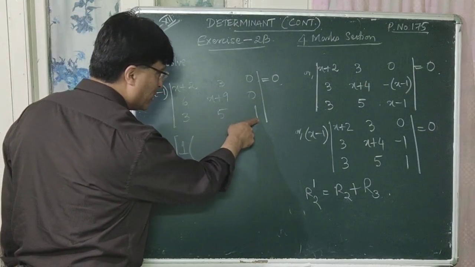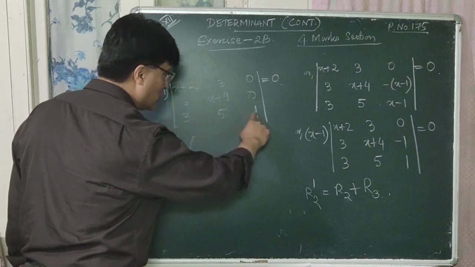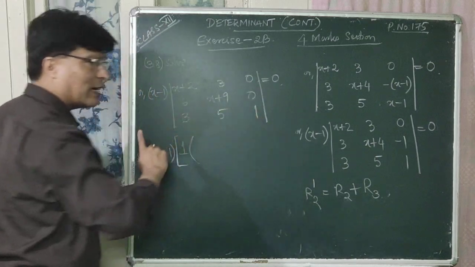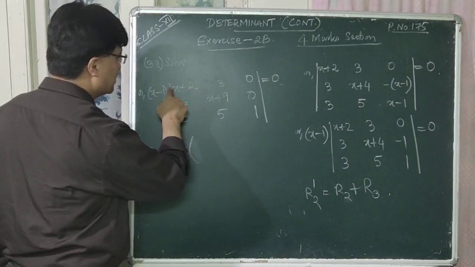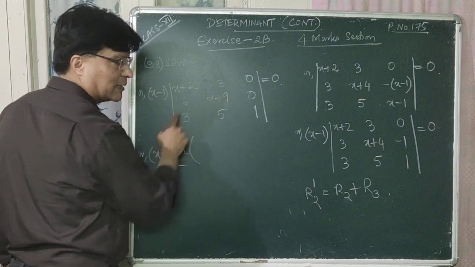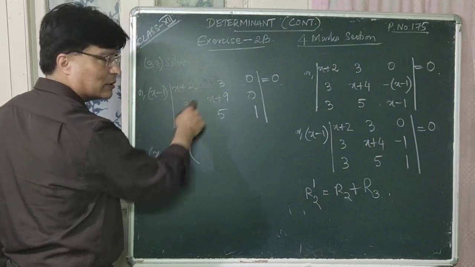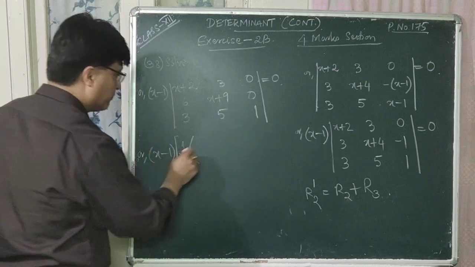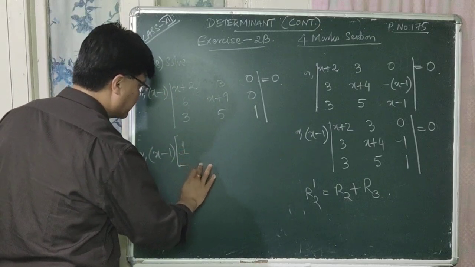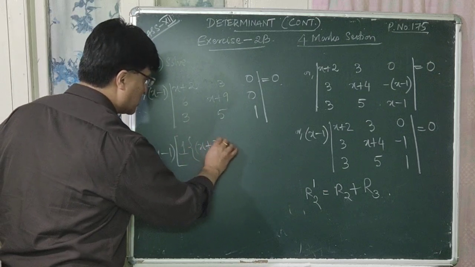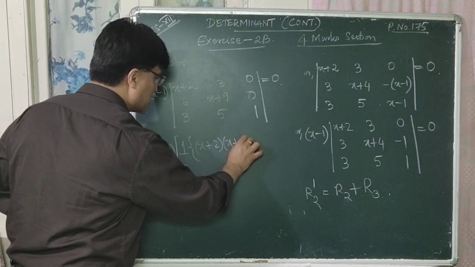So we are taking this one. Delete the row and the column through this element, that is third row and third column are deleted. So it remains x plus 2, 3, 6 and x plus 9. Now we can do cross multiplication. Clear? So multiply the first one: within second bracket, you write x plus 2 into x plus 9.